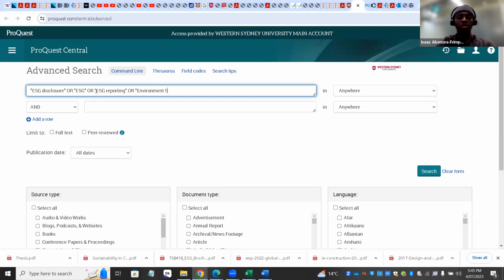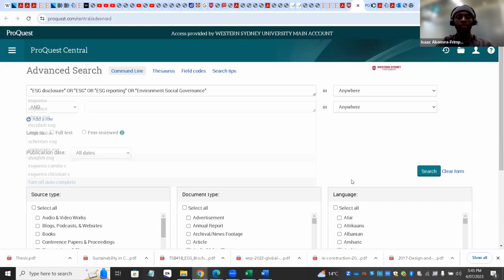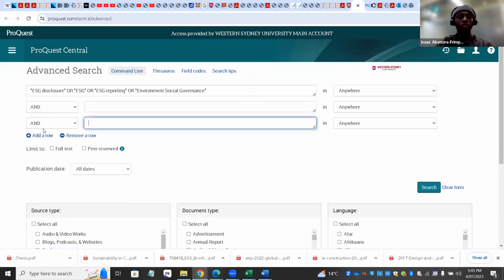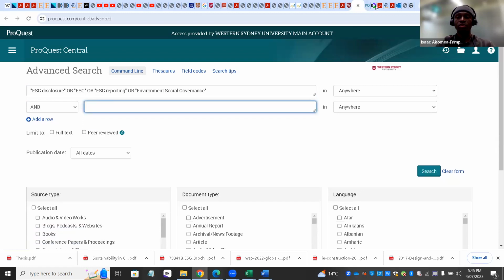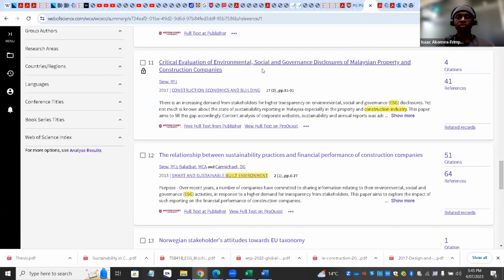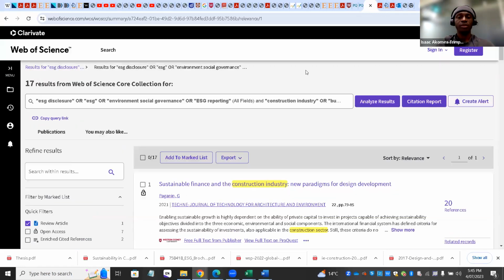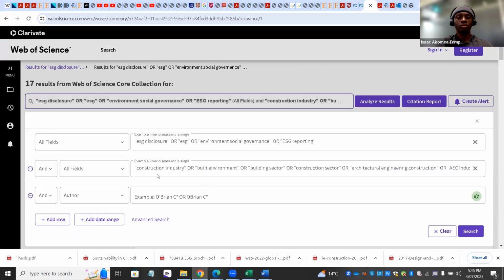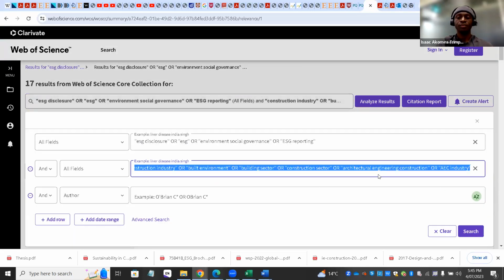And social, governance. And then the other rule, we have to put in construction. So I can copy it straight away from here. Okay, so the same thing. So we just put that in ProQuest.